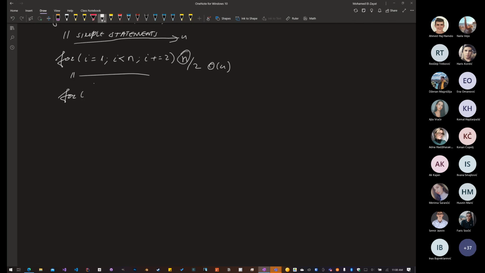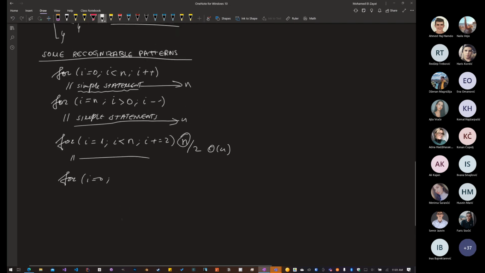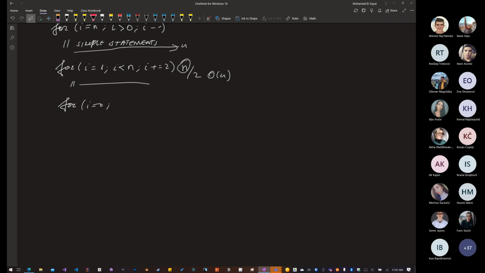I'm just writing all the patterns right here for you to have as a reference. So for i equals 0, and i is less than n, another for loop, j equals 0 and j is less than n, j plus plus, hopefully.